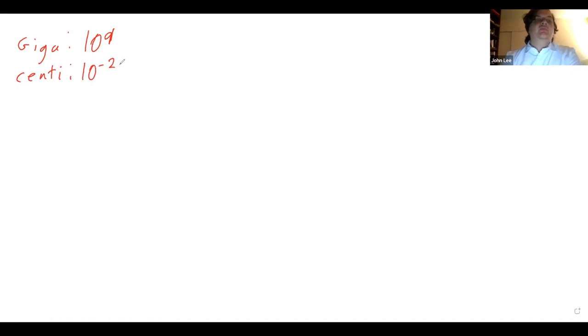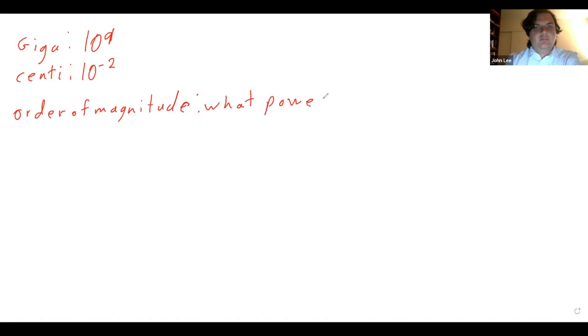So the order of magnitude is what power of 10 is closest to the number that you're looking at.